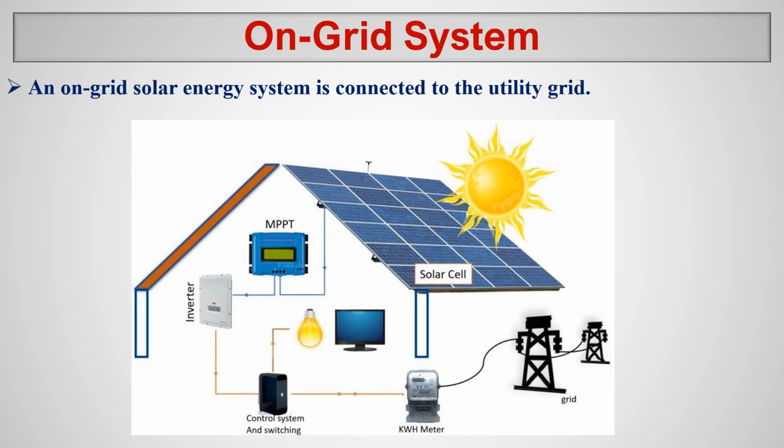During the night time, or when sunlight is not available, the grid will supply the necessary power to the house. That's a very simple setup, and we can have different types of energy resources as well, like a small wind turbine or a mini hydro power plant. Any other generation is also possible for this on-grid system.